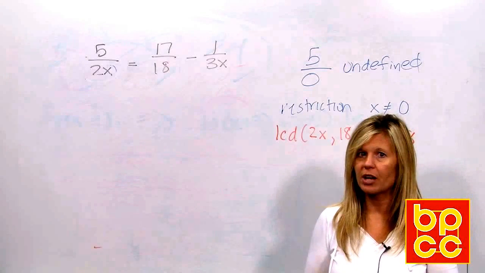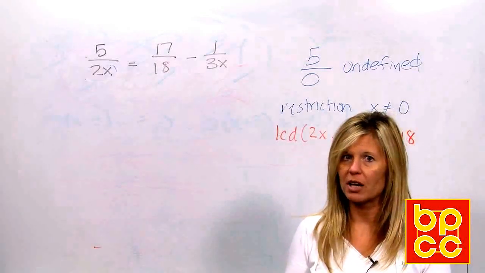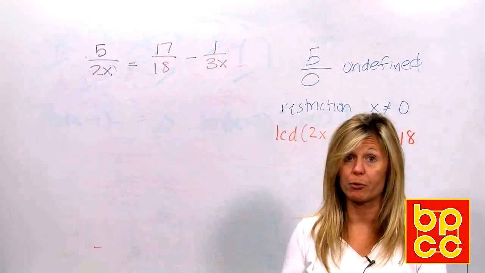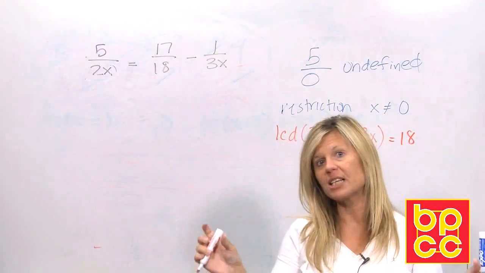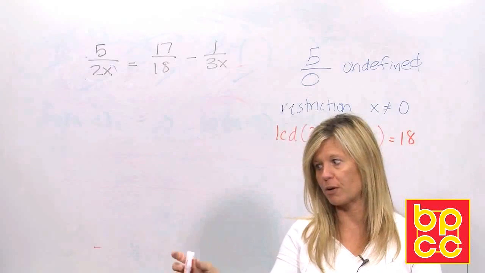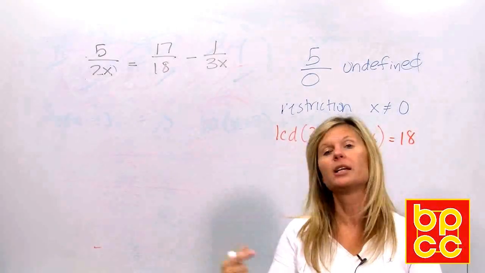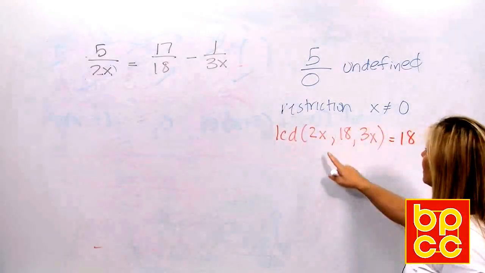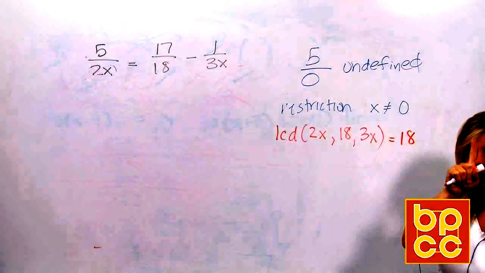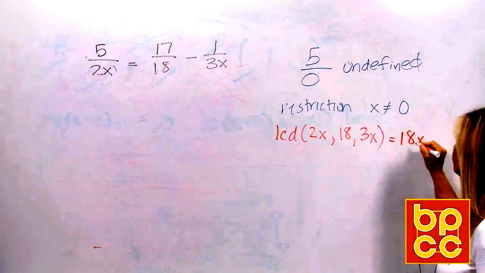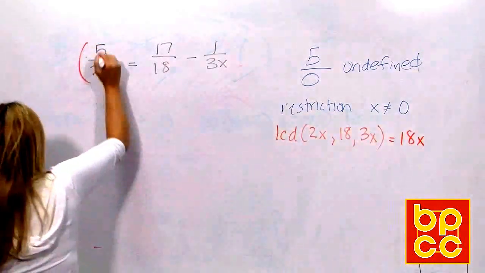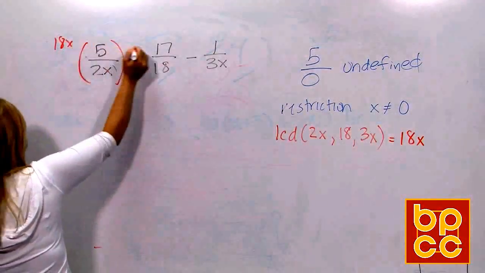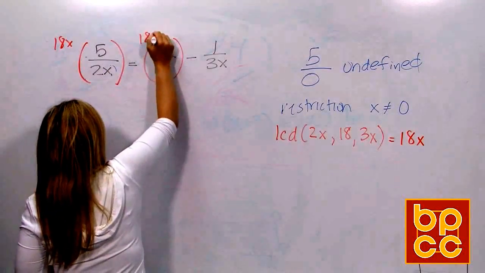If I had the fraction 1/4 and I had the fraction 3/4, and I asked you what the LCD of 1/4 and 3/4 is, it would be the number 4. So even though you physically see 2 4s, you only need one of them. So when you do the LCD, you want one of every term. So I need the x. So that's your LCD. We're going to take that and we're going to multiply it like we've been doing.